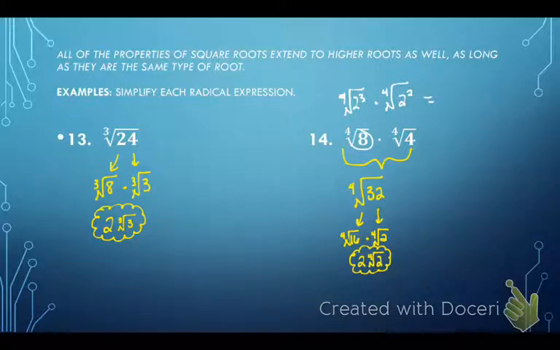So if I have the fourth root of 2 to the fifth, how many groups of 4 can I have? One group of 4, right? How many are left over? 1. It's just another way of seeing it: 2 times the fourth root of 2.